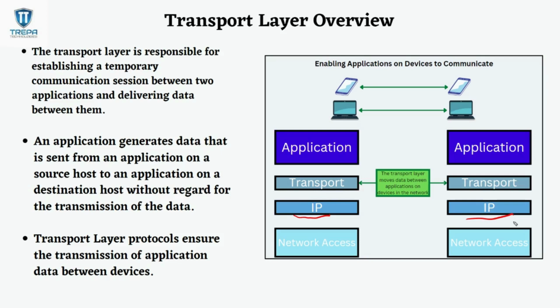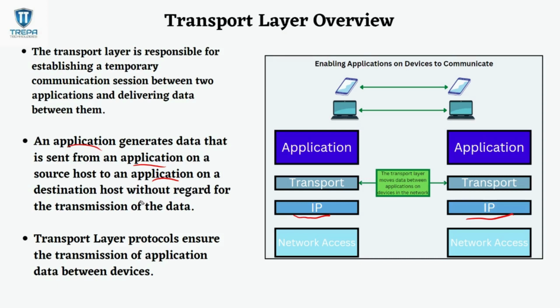So an application generates data that is sent from an application on a source host to an application on a destination host, really without regard for the transmission of the data. But essentially what this is saying is when I send an email, the IP address that I'm sending to, that internet protocol, and that email data doesn't care how the data gets there or the transmission of it.